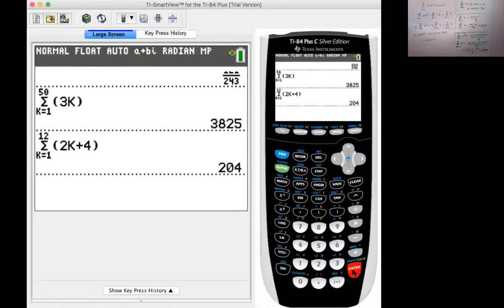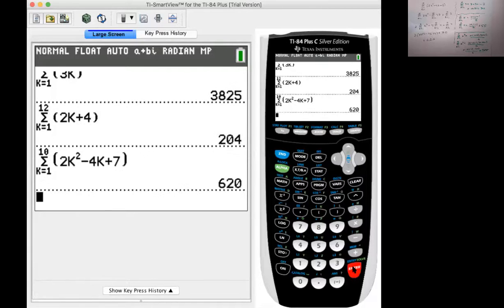Sum as k goes from 1 to 10 of 2 alpha k squared minus 4k plus 7 gives me, we hope, 620, and we have it.